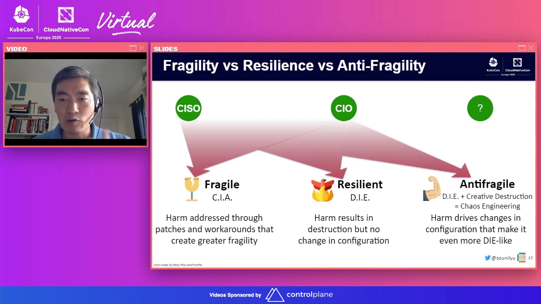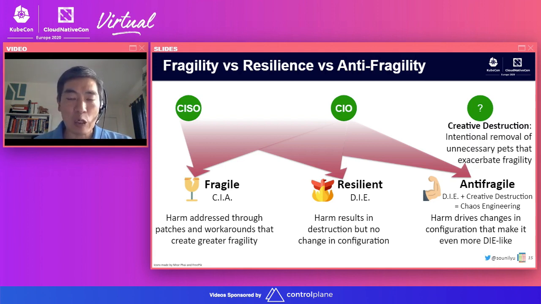And basically, through the process of creative destruction, remove those unnecessary pets that cause fragility and instead replace them with more DIE-like systems. So I think these are the three options that we have as we go forward in the future around what does the future of security look like? What should we be advocating for?